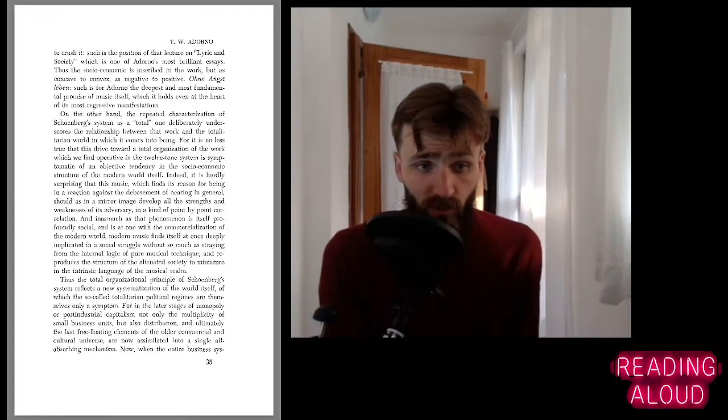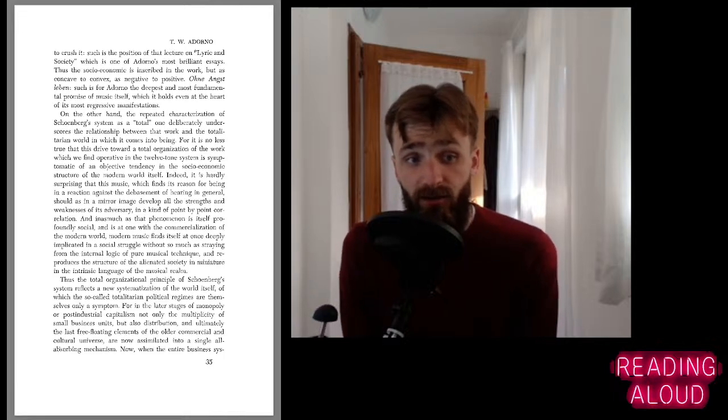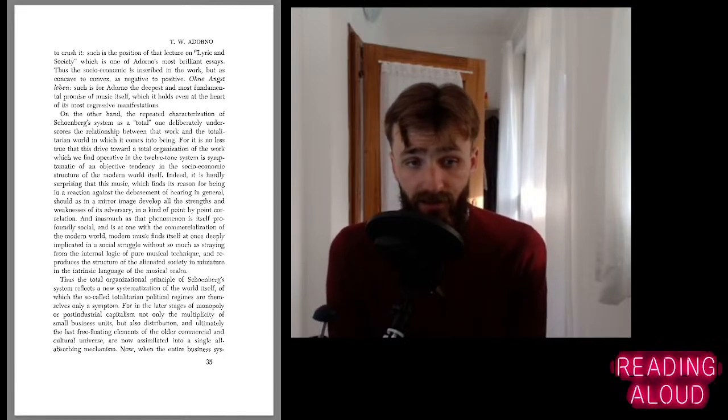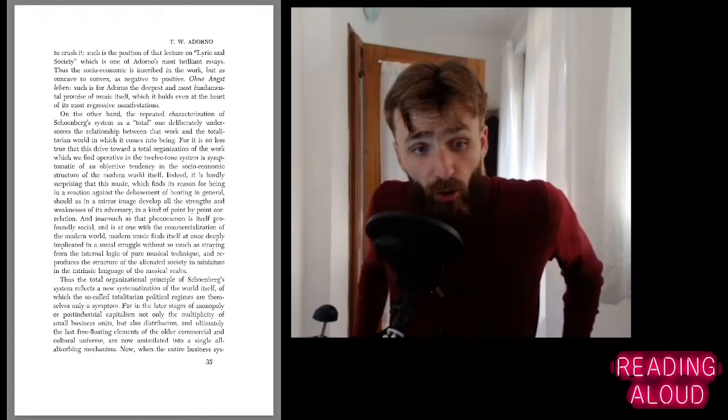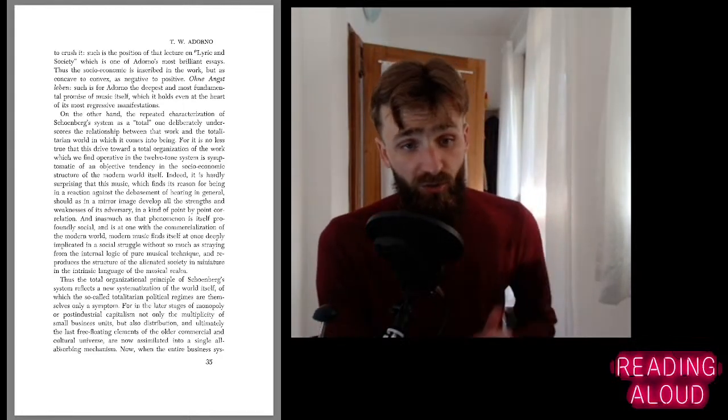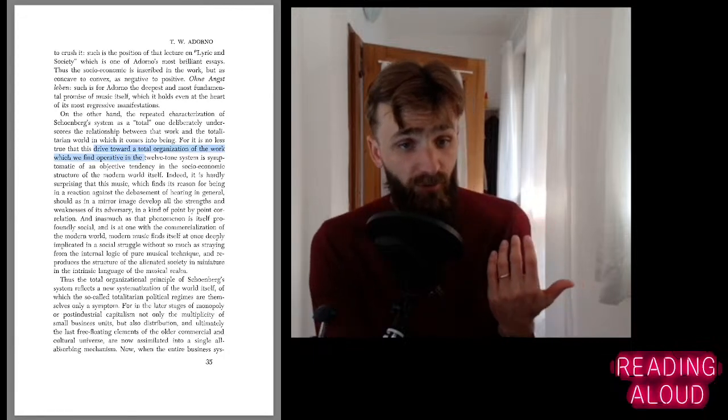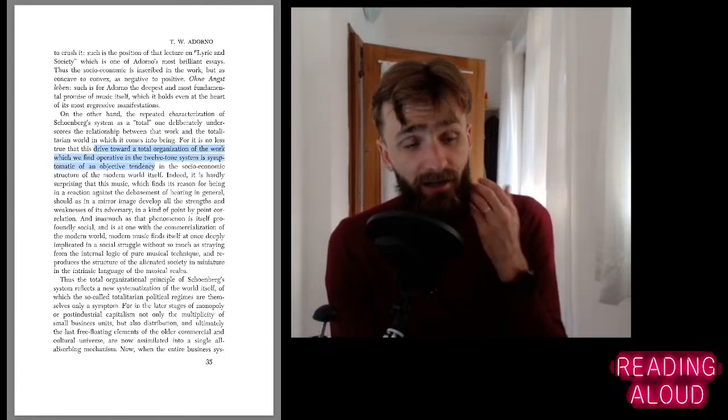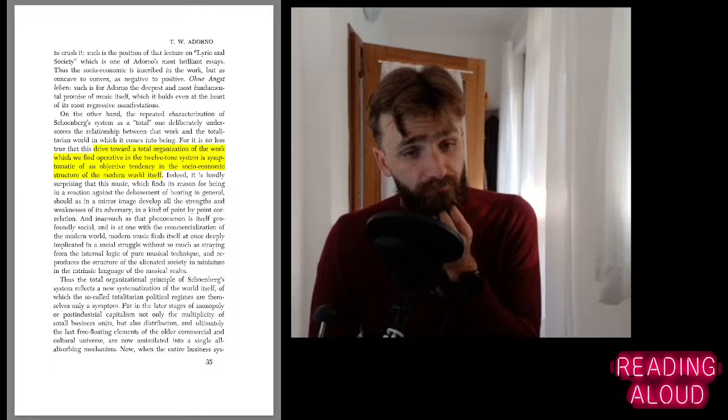On the other hand, the repeated characterization of Schoenberg's system as a total one deliberately underscores the relationship between that work and the totalitarian world in which it comes into being. For it is no less true that this drive toward a total organization of the work, which we find operative in the 12-tone system, is symptomatic of an objective tendency in the socio-economic structure of the modern world itself.